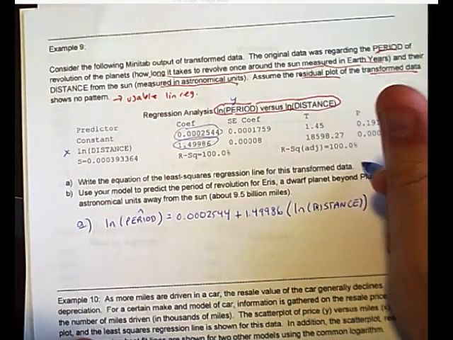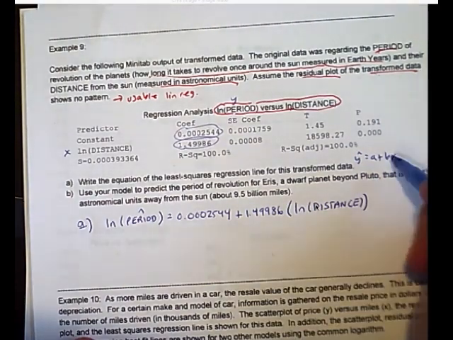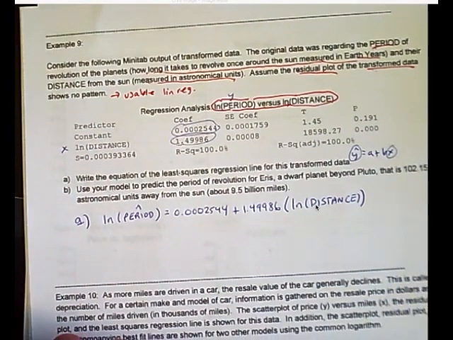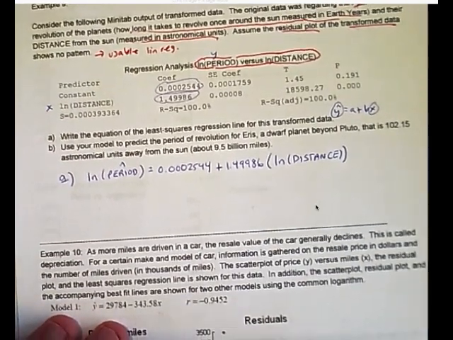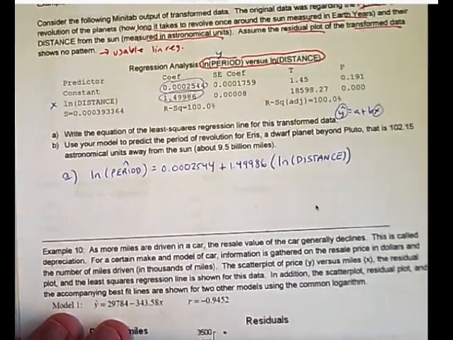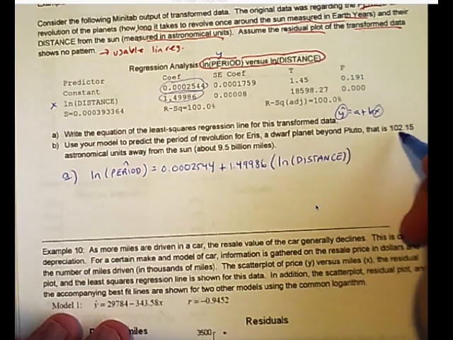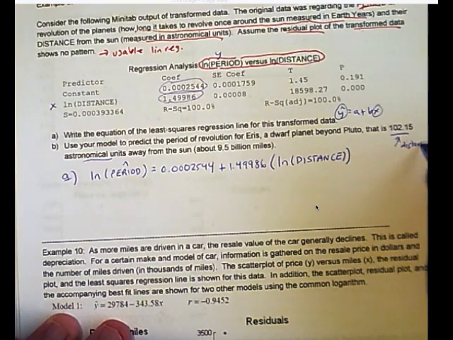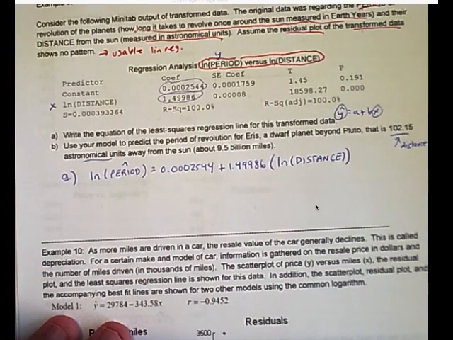So y hat equals a plus bx. Both the y was transformed to ln of y, and the x was transformed to ln of x. And it says, use your model to predict the period of revolution for Eris, a dwarf planet beyond Pluto that is 102.15 AUs, that's a distance away from the sun, which is about 9.5 billion miles.